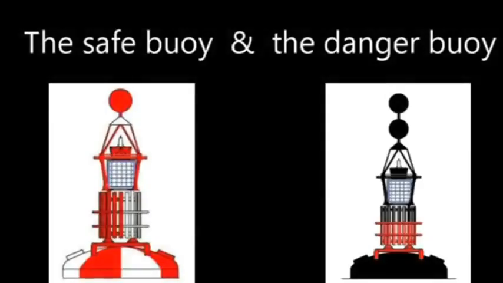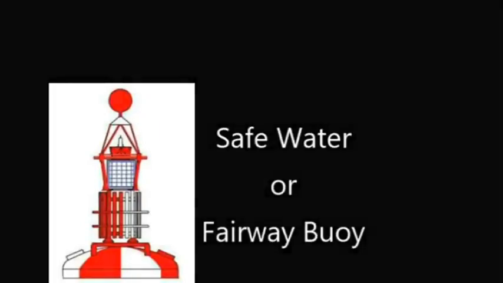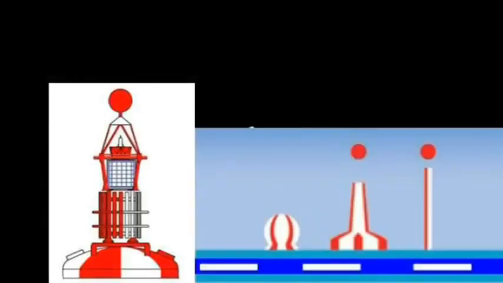Two buoys that are easily remembered if you group them together are the safe water buoy and the danger buoy. The safe water buoy is red and white, and you can think of that like a stick of candy, and it's got on the top a red ball, and we like to think of that as being a red apple.